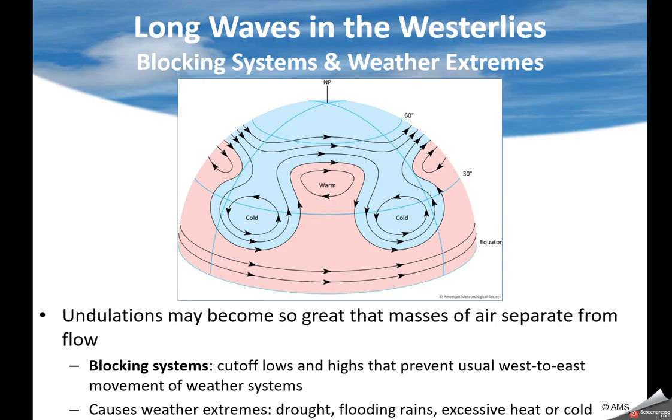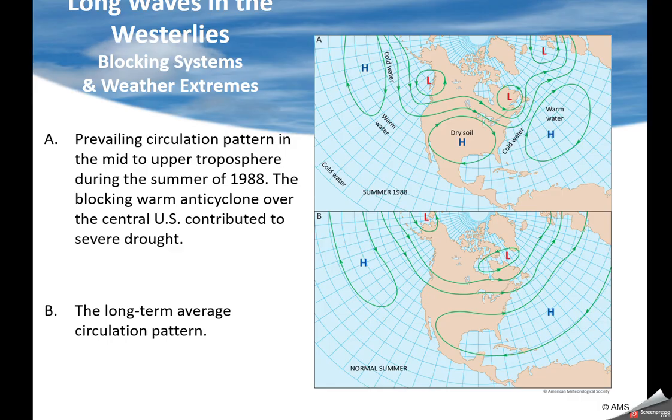We also get blocking patterns. We've had a lot of those here in the winter, and we tend to get a lot of them in the springtime as well. What happens is if you get on the right side of them, you can have great weather. If you get on the wrong side of them, you can have bad weather. It lasts for days. And here you can see some of them that have prevailed in time. You get low pressure along the eastern United States, a big centered high over the Midwest.